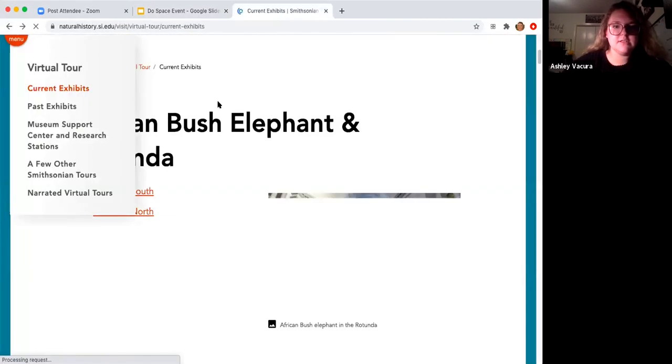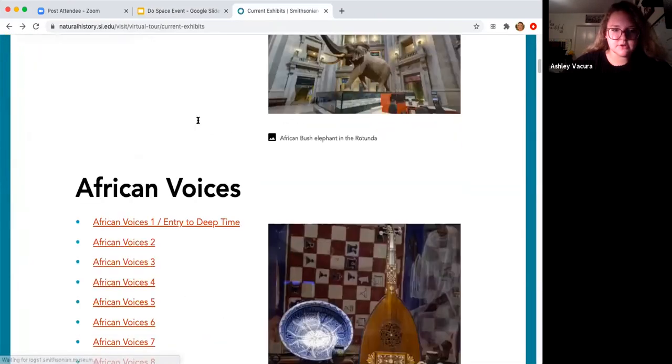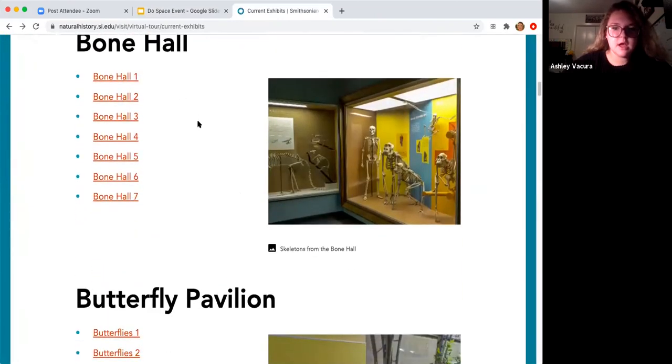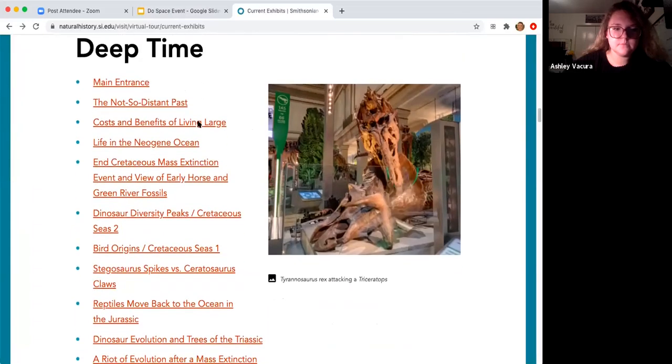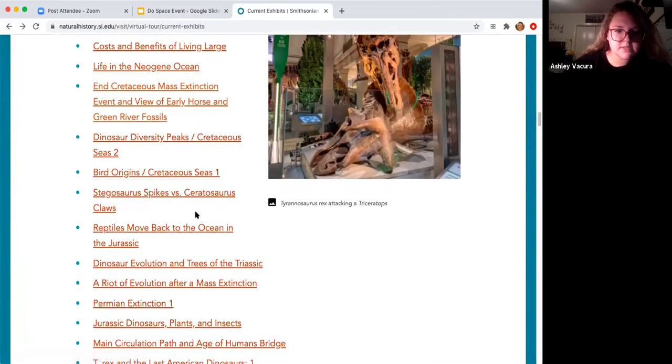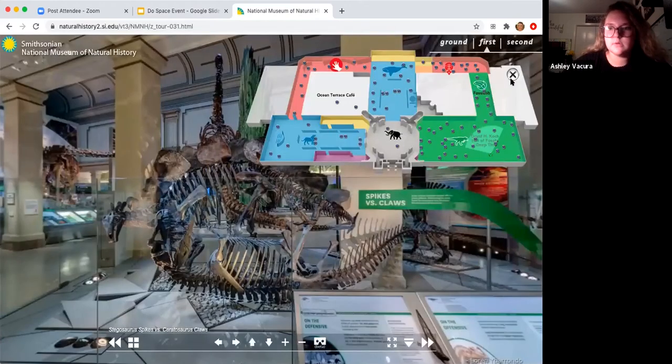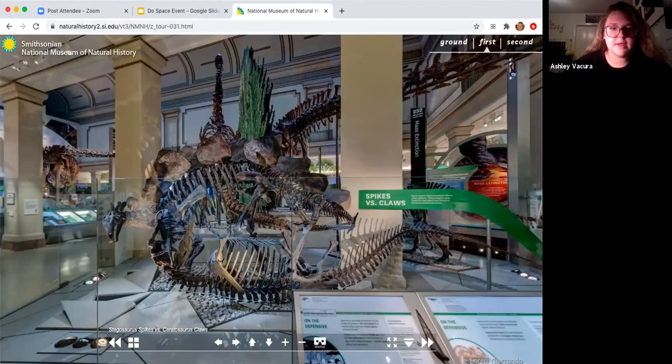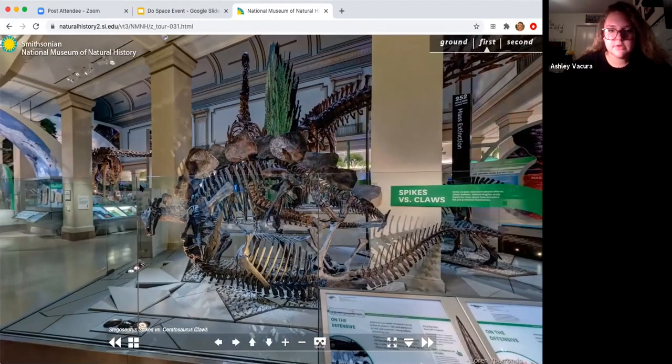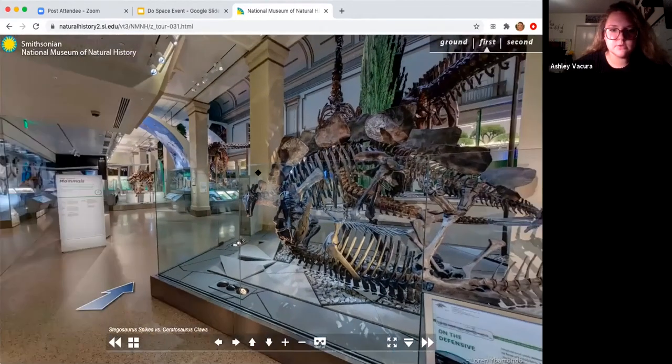So some ones that I found interesting was the one about dinosaurs. I always think dinosaurs are pretty cool. So the Stegosaurus. Again, we can exit out of the map. So here's some dinosaurs.